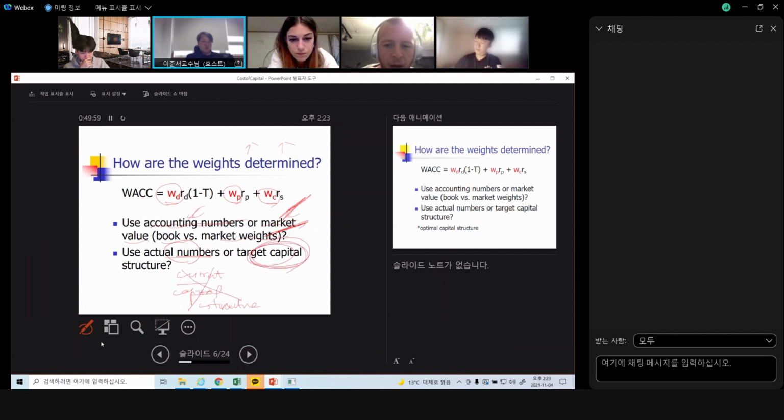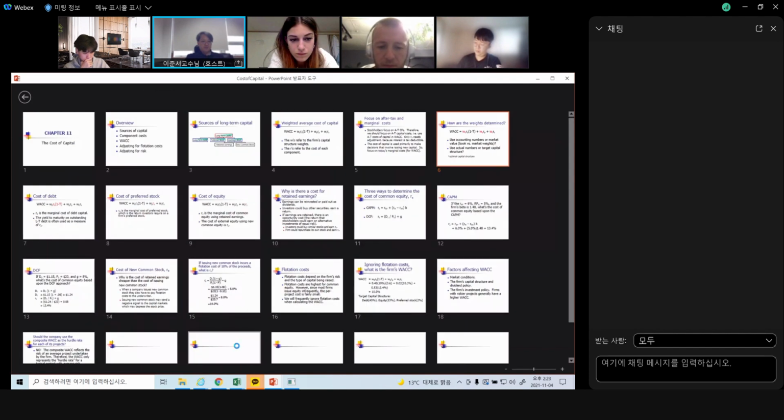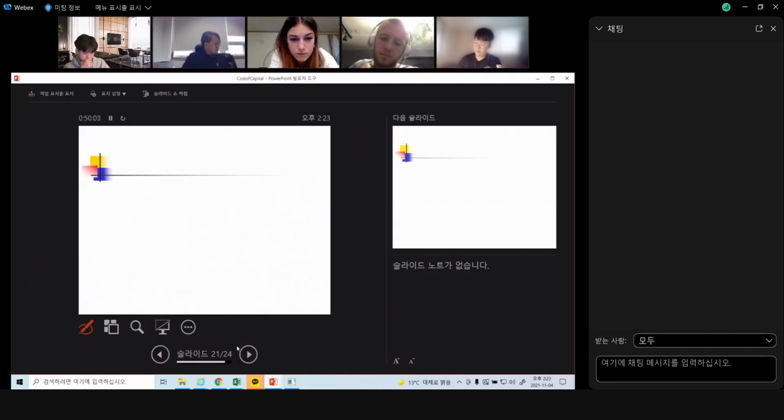Then what's target capital structure? The definition of target capital structure is on page number 408. Before that, capital structure means the weight of each source of funds, right? So what is the weight of debt, the weight of preferred stock, the weight of common equity? That's the capital structure, okay?